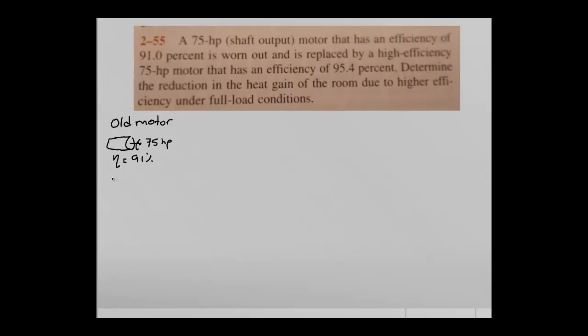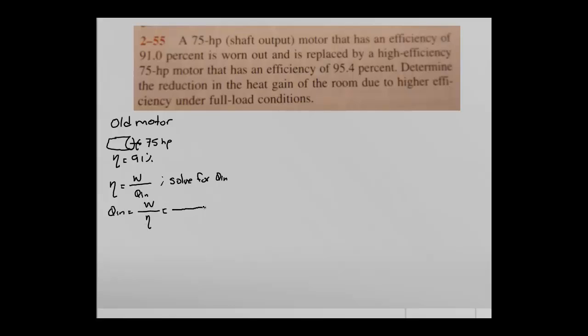So if we remember our first law definition, we know that this efficiency is the work divided by the heat. So we can solve for heat, and we can see that this will be the work divided by efficiency.